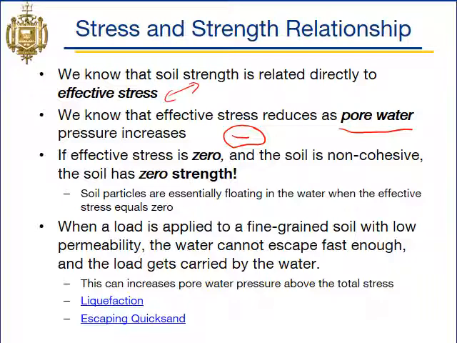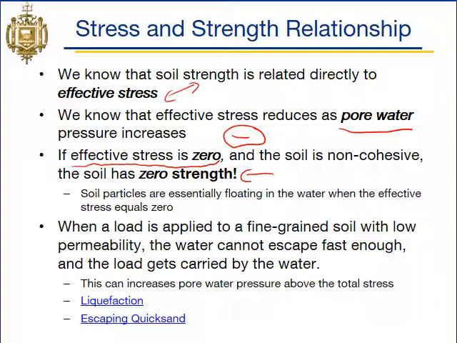So more pore water pressure is bad for soil strength. So if we have too much pore water pressure and we get effective stress to go down to 0, then we also end up with 0 soil strength. So what does that mean for anything that's placed on those soils that have no strength? Well, they're just gonna sink in.